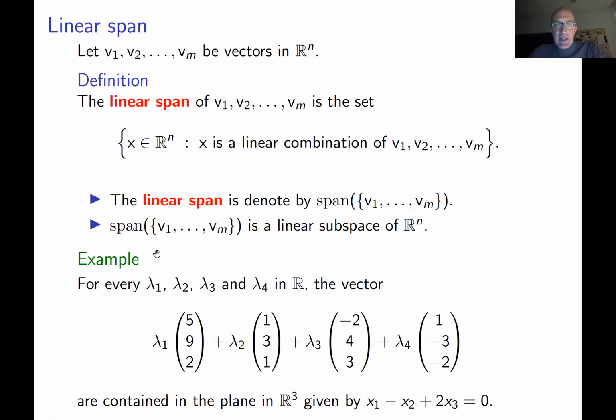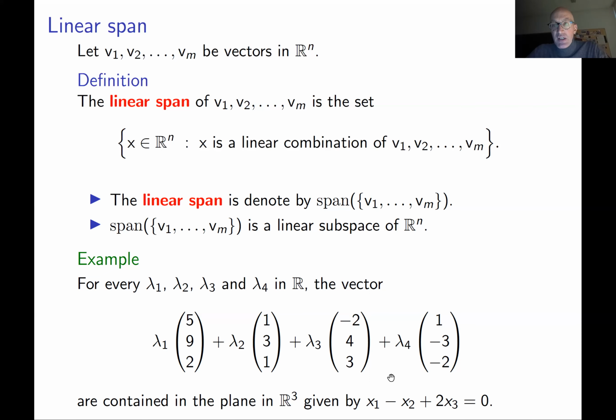And here's an example. Suppose you have these 4 vectors: (5, 9, 2), (1, 3, 1), (-2, 4, 3), (1, -3, 2). And all the possible linear combinations look like this. And one can check that all of them are contained in the plane in R3 given by this equation, x1 minus x2 plus 2x3 equals 0.